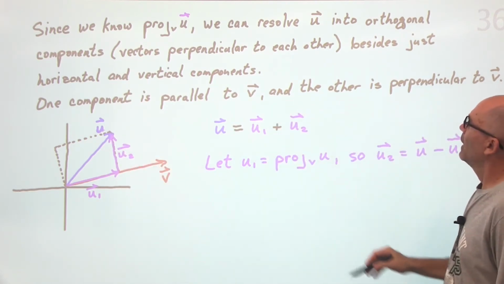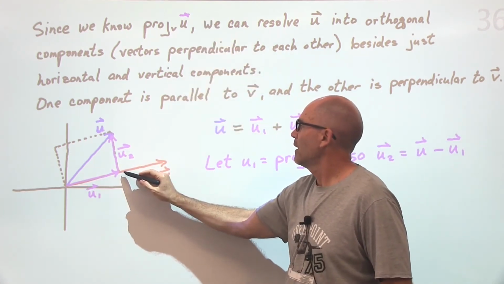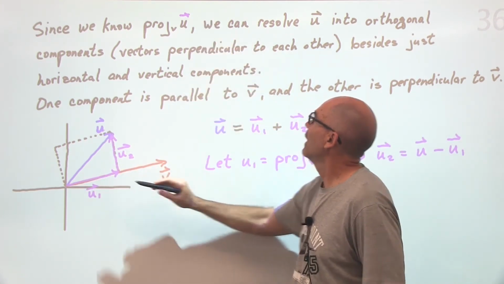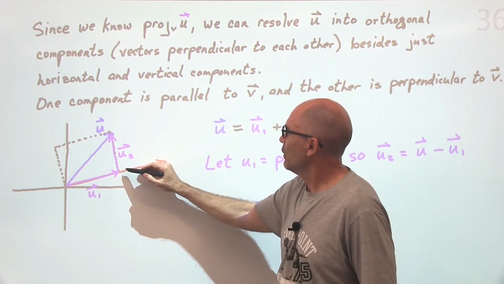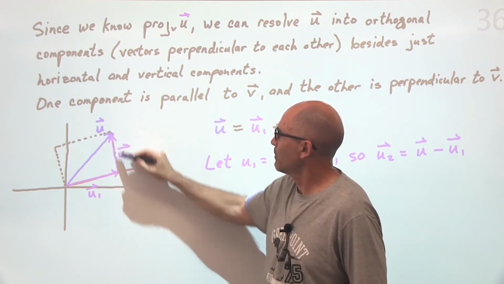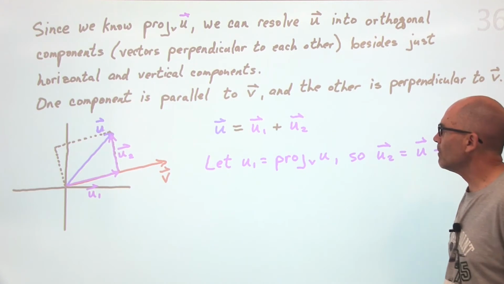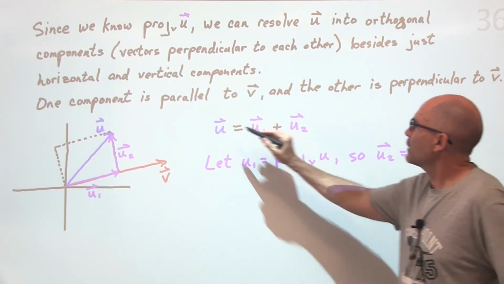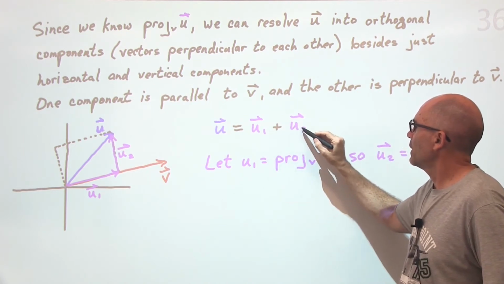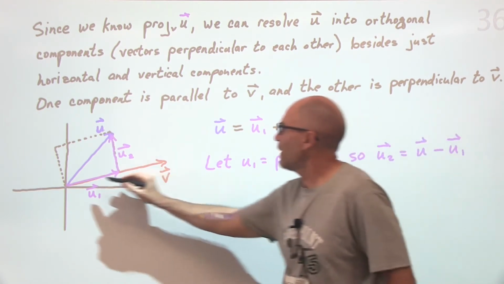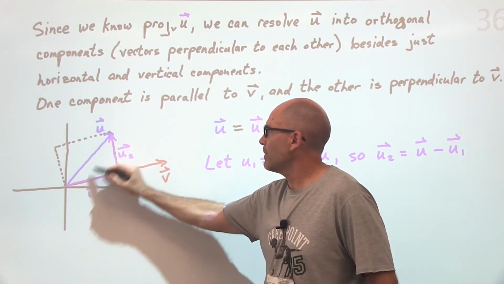So the projection of u along v is my parallel vector, and the orthogonal vector is the vector that's perpendicular to v, which is u sub 2. Now, vector u equals vector u sub 1 plus vector u sub 2. In other words, if I take vector u sub 1 and add vector u sub 2, I end up at vector u.